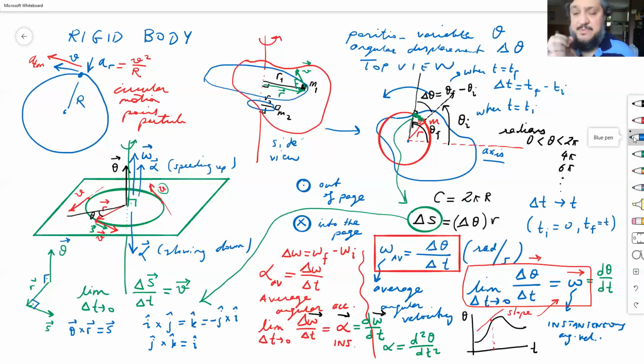But as I mentioned, the vector nature of theta will not be really used that much in our analysis from now on, okay? I just included it here. From now on, I'm going to stop mentioning theta being a vector, but omega and alpha, I'm going to be needing those two as vectors.